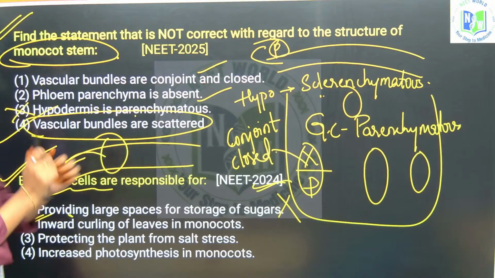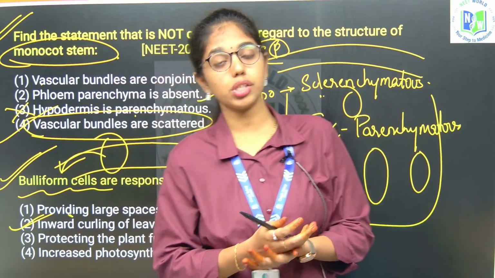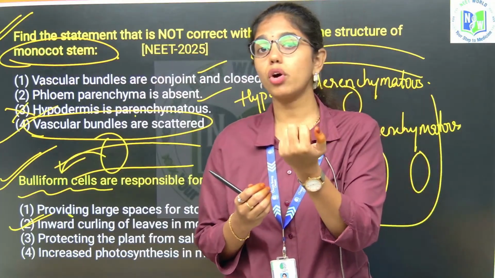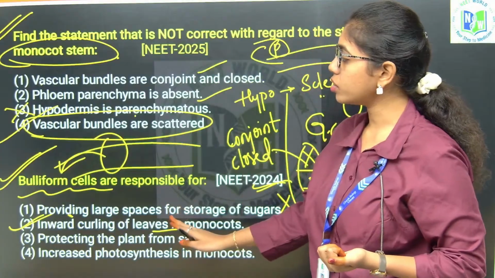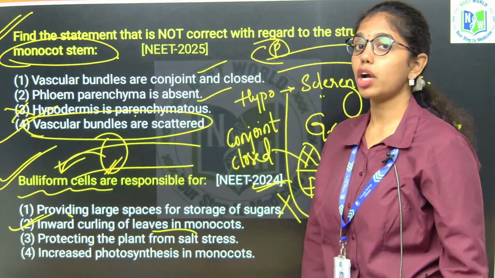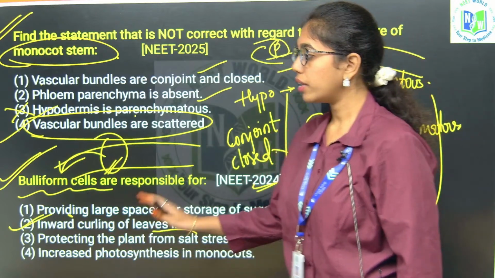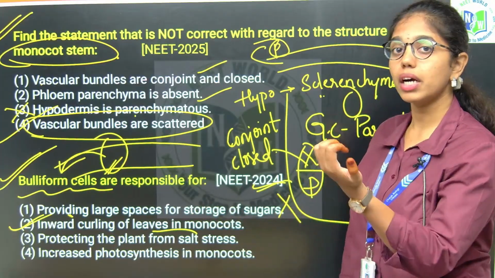Whenever the leaf is in the flaccid condition or in dry conditions, the leaf will roll inwards in the monocots. That is the characteristic feature or function of the bulliform cells, to prevent transpiration. In flaccid conditions, because of the bulliform cells, the leaves will curl inward.